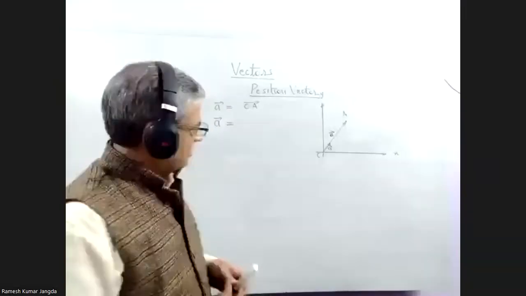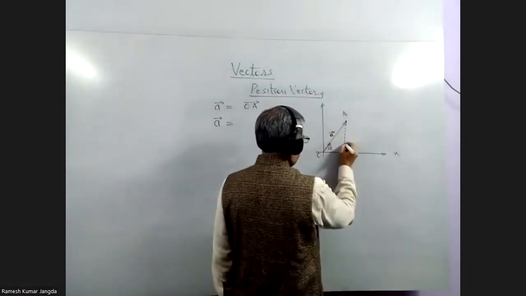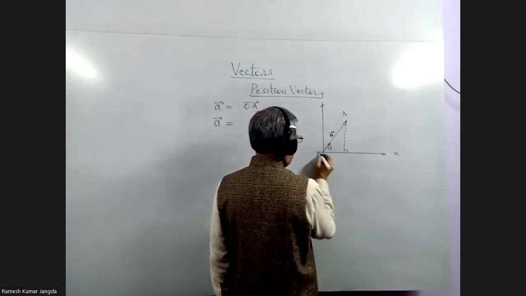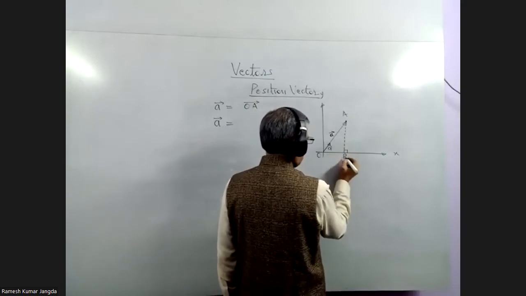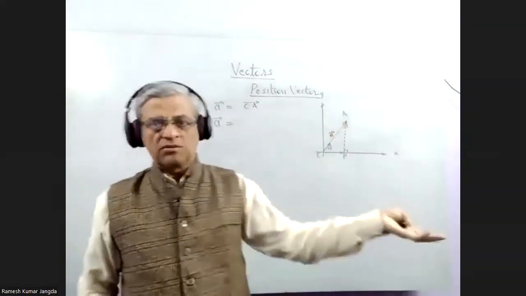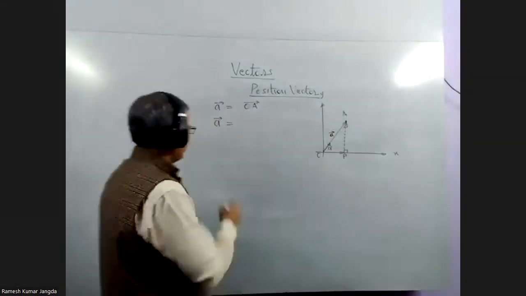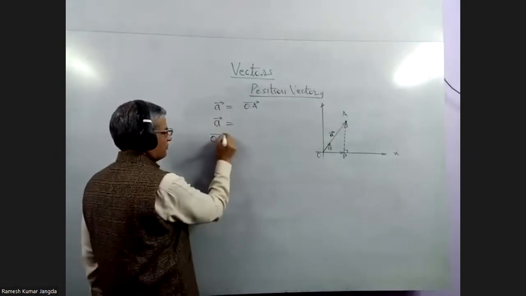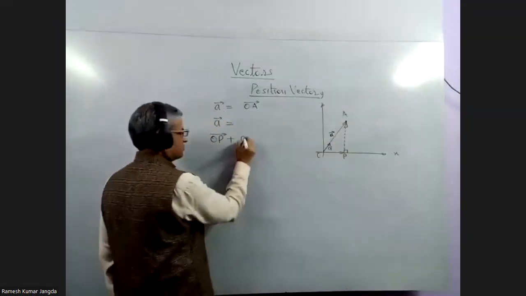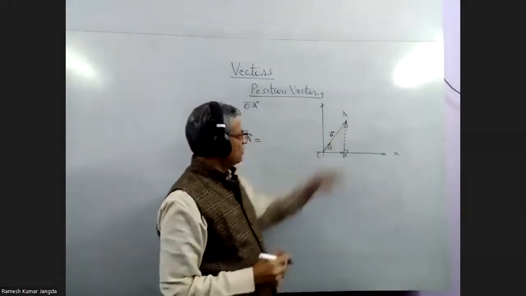Now suppose I drop a perpendicular from this point to the x-axis. This is a perpendicular, so I name it P, and then A. If I use the triangle of vectors, I can very well write vector OP plus vector PA is equal to vector OA.